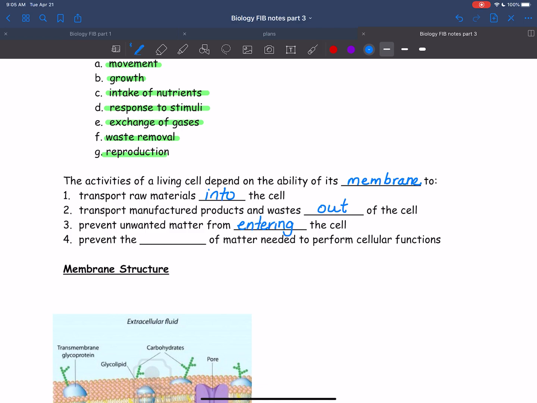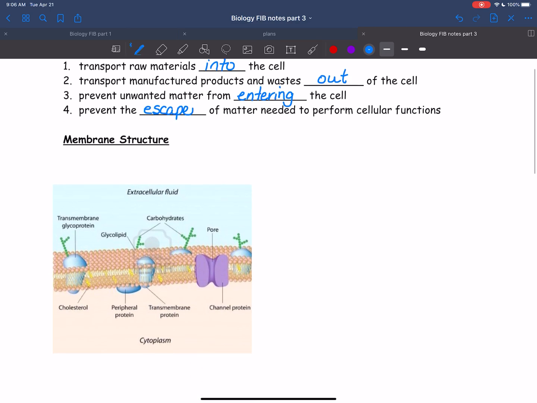Our immune system does a really great job at that, and the cell membrane is a first line of defense of not letting things in and preventing the escape of matter. So once nutrients or materials that we need inside the cell enter, we want to make sure that they're not allowed to exit.